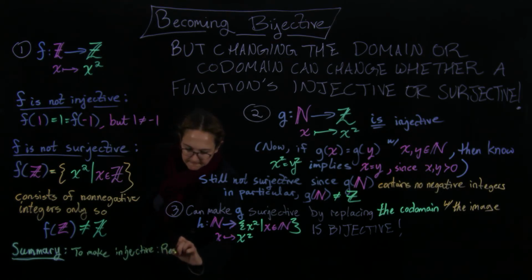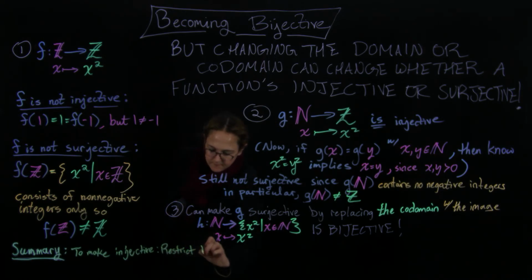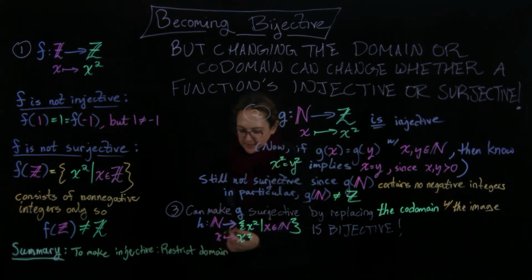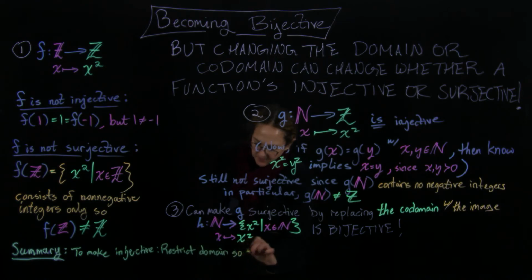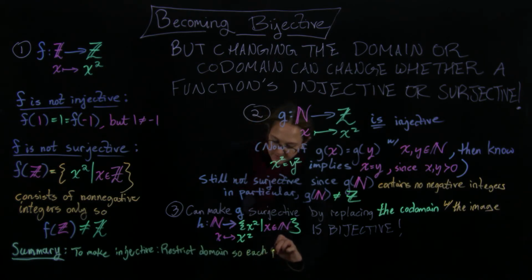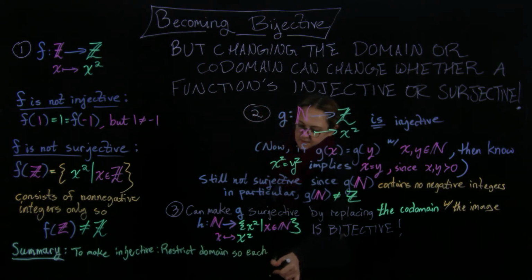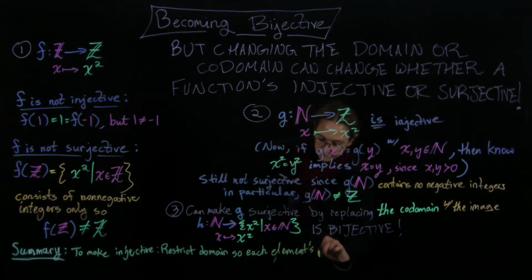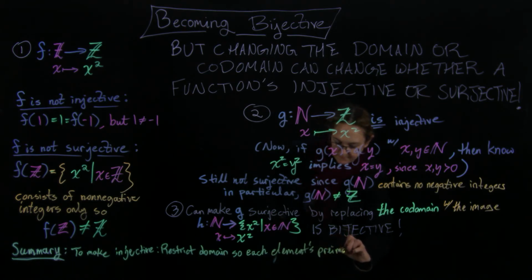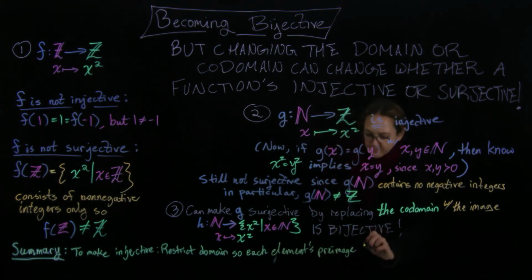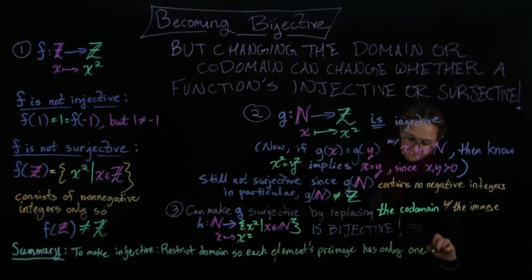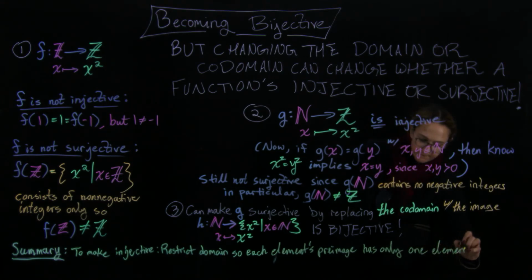Restrict the domain so that each element's preimage has only one element.